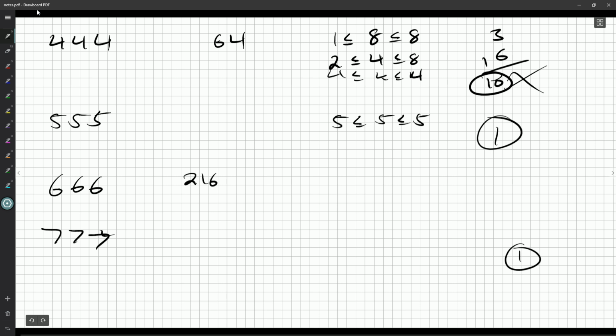216. Let's see, you could have 1, 6, and 36. I don't think so. In fact, you can't use a 1. But we could have 2 and 3. You'd need to make a 36. 4, that would be 8. So I'd need a 27 there.